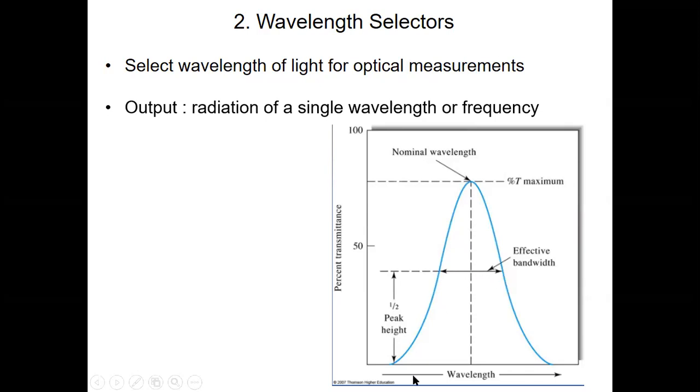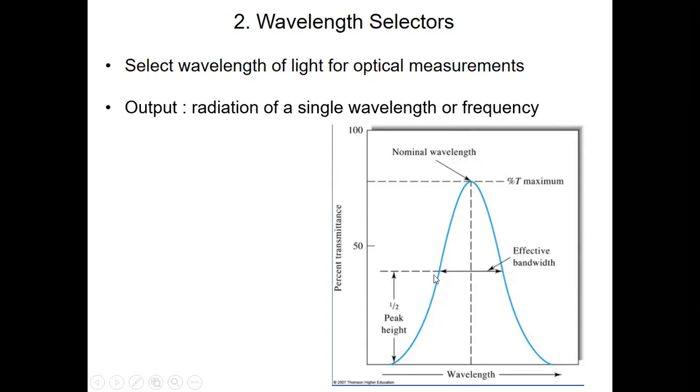Instead of a single wavelength, we will get this type of spectral band. That is the wavelength that we are interested in. It is difficult for us to get a single value, but we will get a wavelength like this, the wave band.